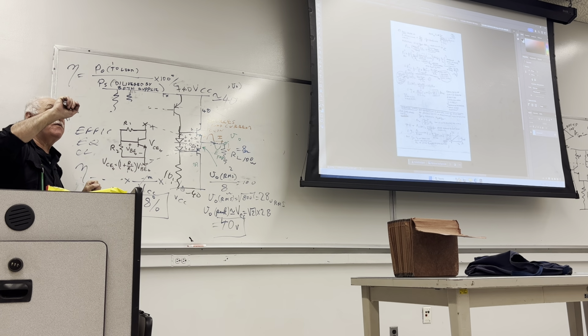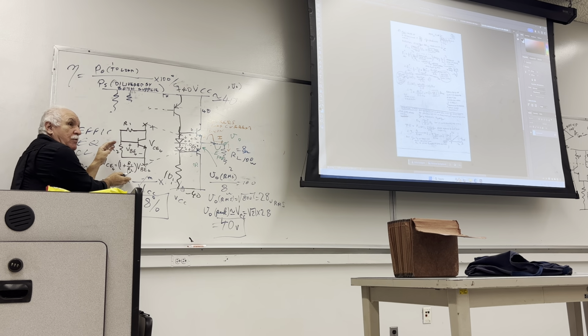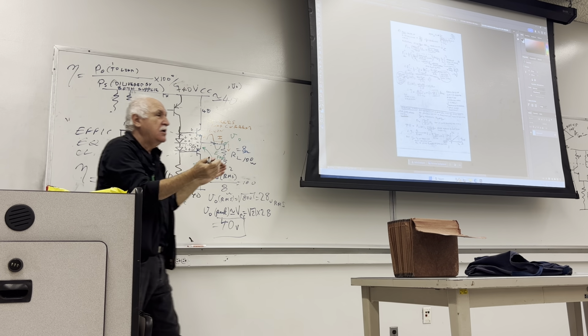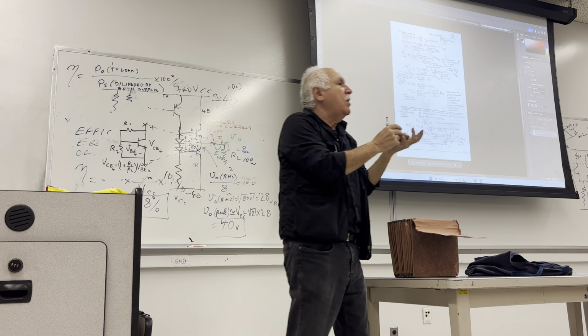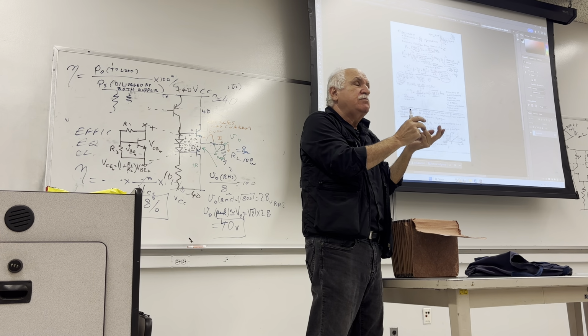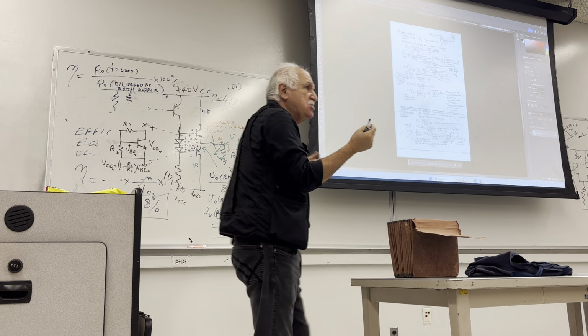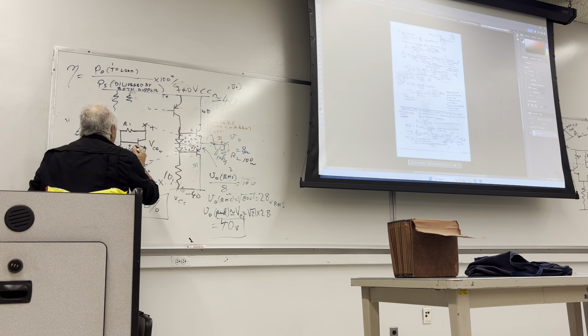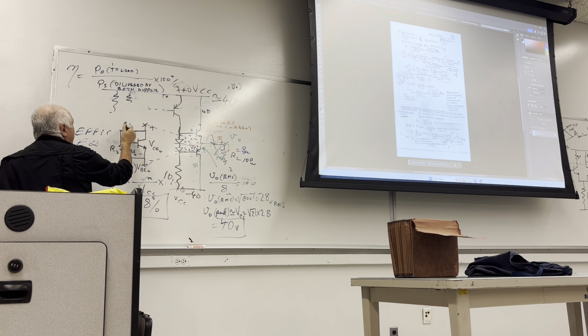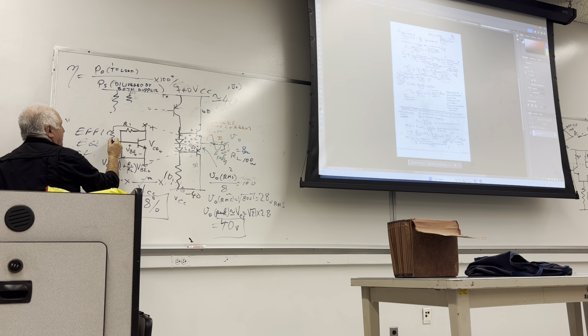So how do they fine tune that 1.4? We're talking 1.4, but who knows? Might be 1.3 or might be 1.5. So this is how they do it. They make this one into a potentiometer. They connect that one to the center of the potentiometer. One side of the potentiometer plays the R1, the other part plays R2.